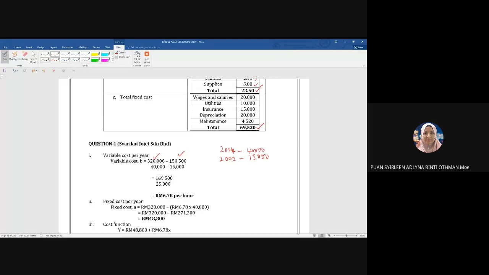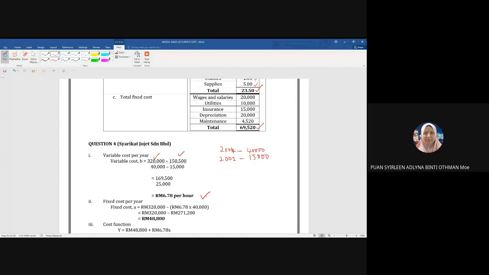Okay, so kita dapat variable cost untuk electricity ni ialah RM6.78 per hour. Okay, it's 169,500 divide by 25,000. Okay, so you akan dapat ngam-ngam 6.78. RM6.78. So jangan bundar-bundar lah kecuali soalan minta.